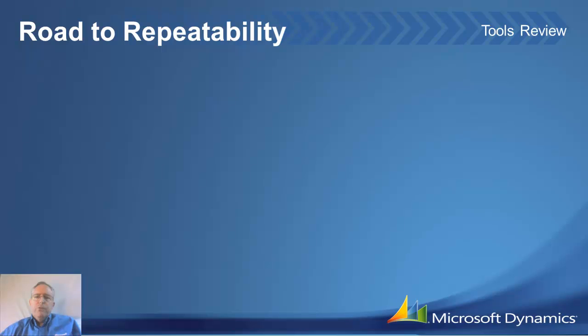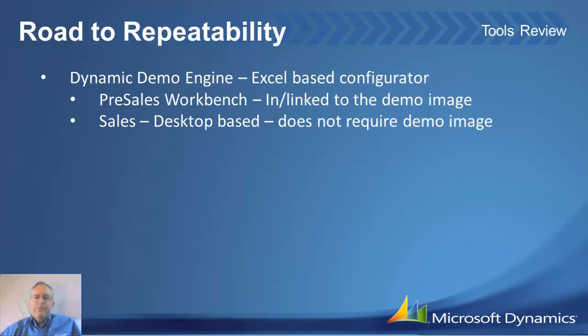I'd like to do a quick review of the tools that we leveraged as part of this tool set. The first is the dynamic demo engine itself. It's basically Excel with a little bit of macro supporting some of the things that we link to and do.